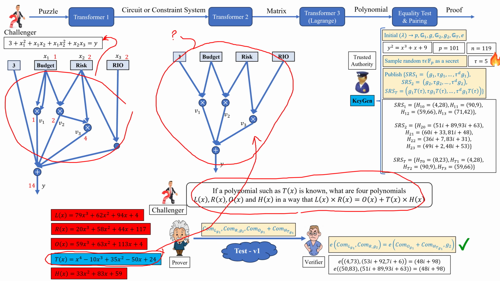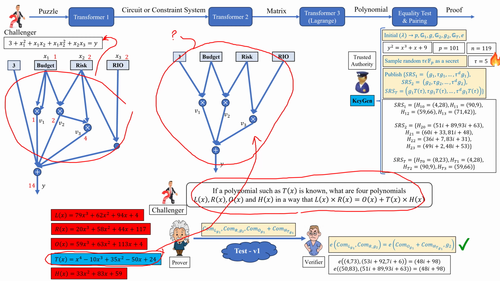Okay, so now we have four different circuits related to four different puzzles, but the T of x related to these polynomials are the same.